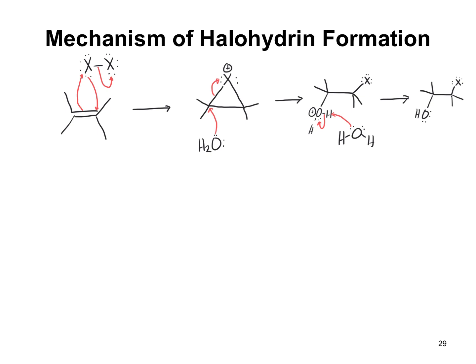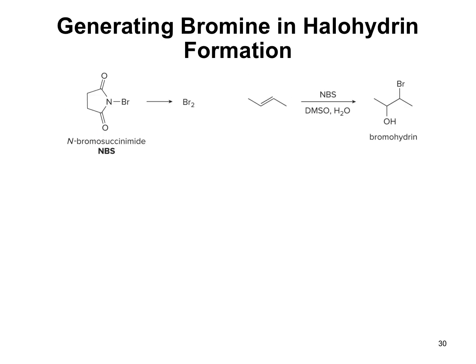Now, other reagents can also be used to do this reaction. Another reagent that's often used, right, is N-bromosuccinimide, which is abbreviated as NBS. And you'll see it in reactions like this, generally in the solvent DMSO. And I just want to remind you, DMSO has a structure that looks like this, to form, in water, this bromohydrin.